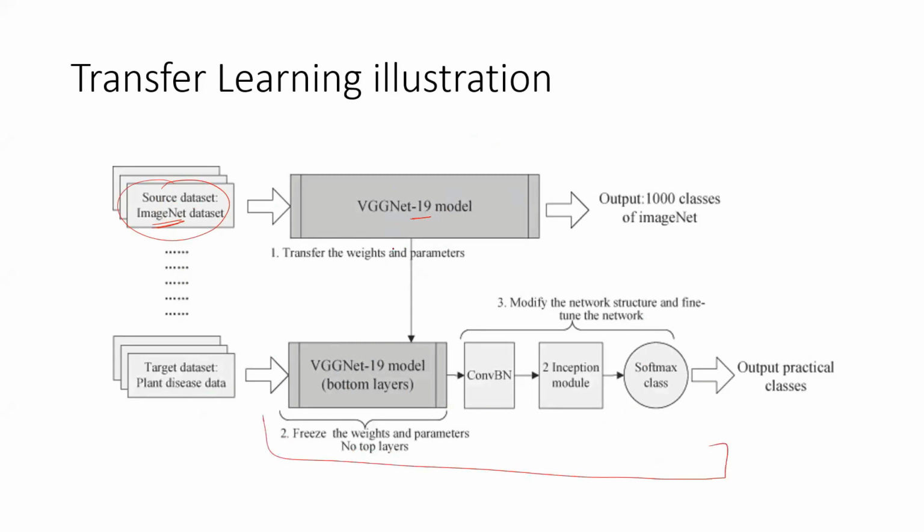Okay, so the custom model basically uses the weights and parameters of VGG19 that is already trained on ImageNet, and you are using these parameters in order to extract the features from the VGG19 model. Okay. So modify the network structure and fine tune the network. So in the upcoming or higher layers, you can decide which classification you are going to use, or the inception module you are going to use.